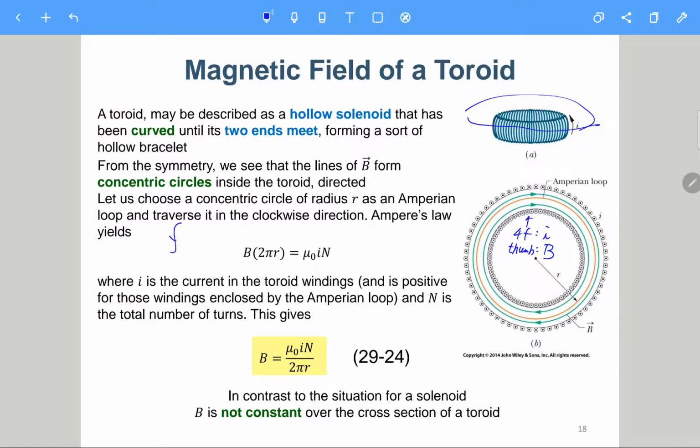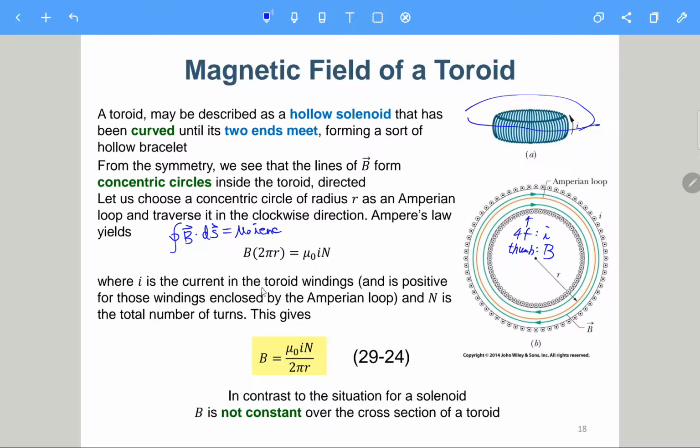for Ampere's law, the line integral of B dot ds equals mu0 I enclosed. On the left side we have B times 2 pi r, where r is the radius of the Ampere loop, and then we have mu0 times the total winding.